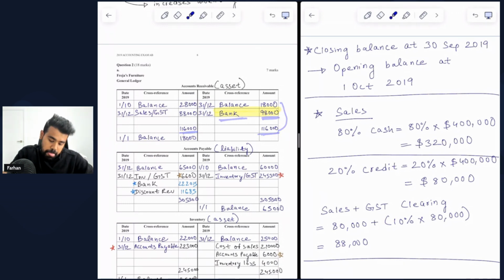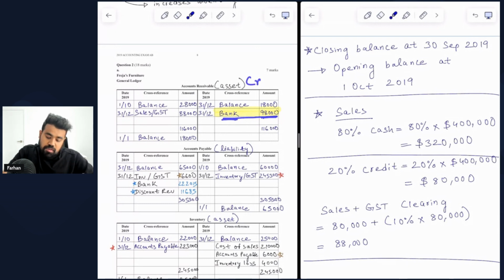That is why I've highlighted this in yellow, because this was the missing figure that we had to derive ourselves. So we are writing bank here as 98,000 because we have included this on the credit side, which means this line refers to a reduction in accounts receivable. When assets go down, we have to credit them. So that is why we have included this on the credit side.